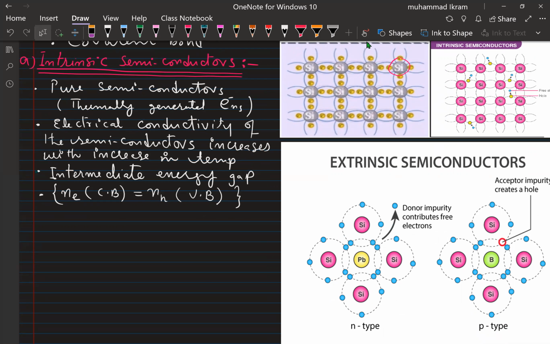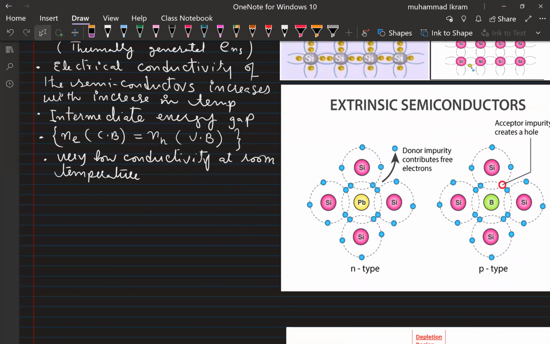And they have very low conductivity at room temperature, and an increase in temperature increases the electrical conductivity, which I already wrote there also.